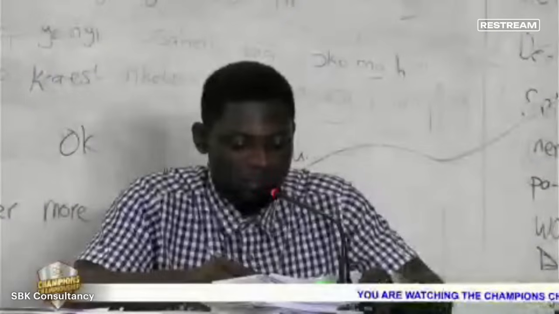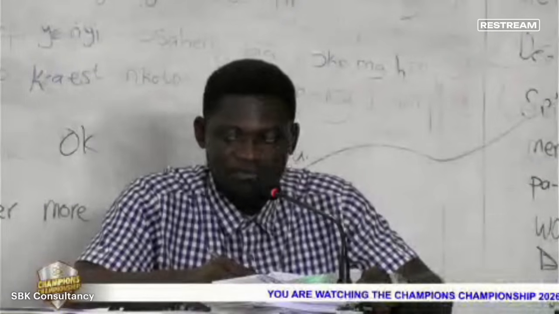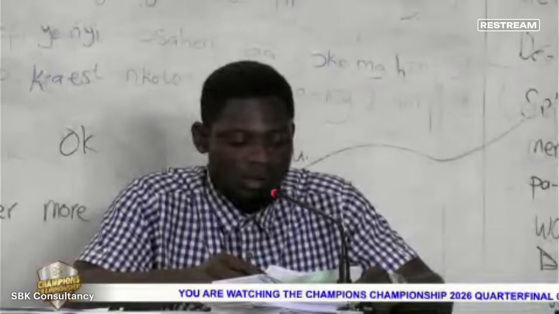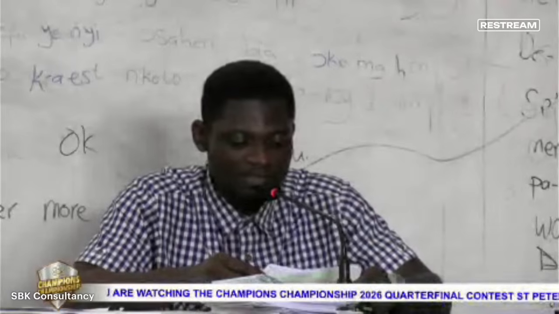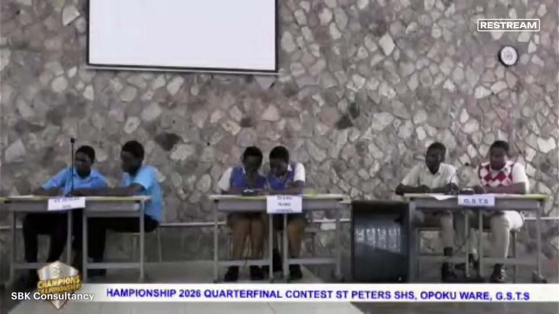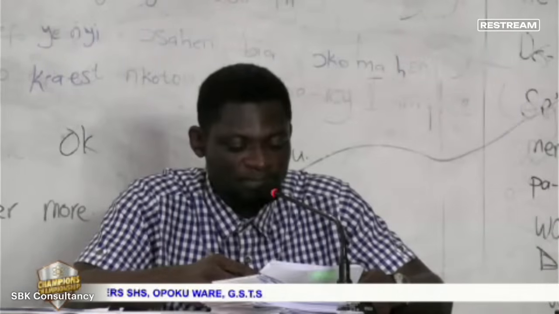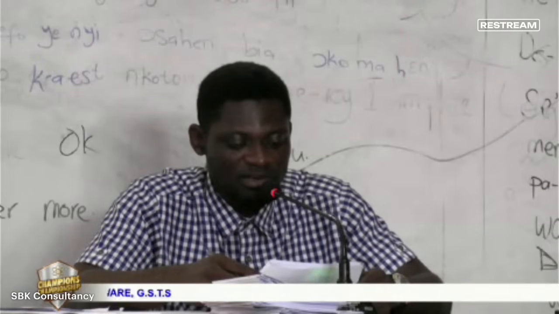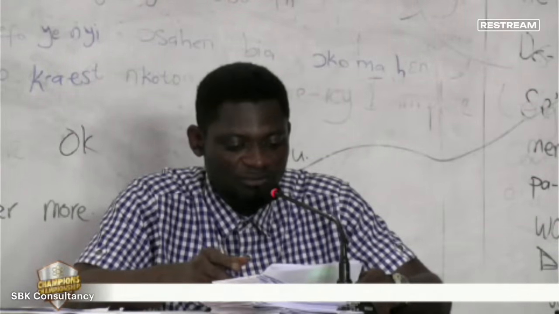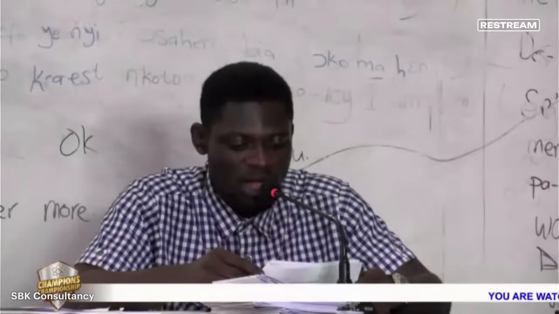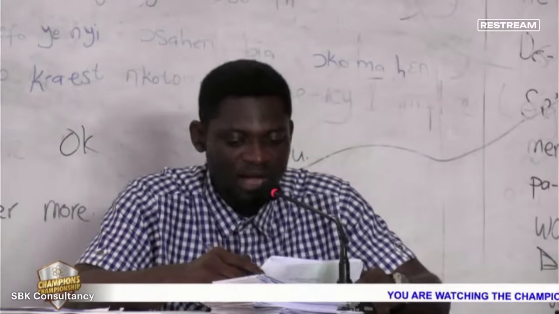Opokuware school: all absorption lines in the Balmer series originate from n equals 2. Yes. GSTS: the wavelength of the n equals 1 to n equals 2 absorption line in hydrogen is longer than the Balmer line.